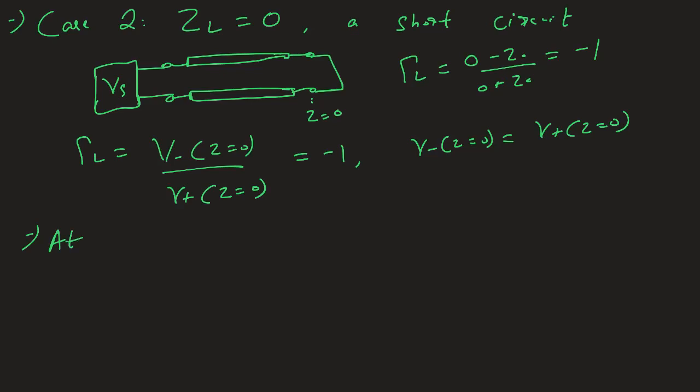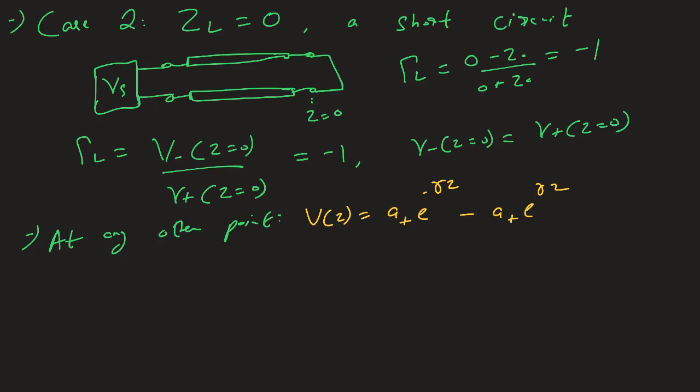So at any other point, V of Z, let me just change color here, V of Z becomes equal to A plus e to the minus gamma Z minus A plus e to the plus gamma Z, because A minus is gamma times A plus, and gamma is just minus 1, right?